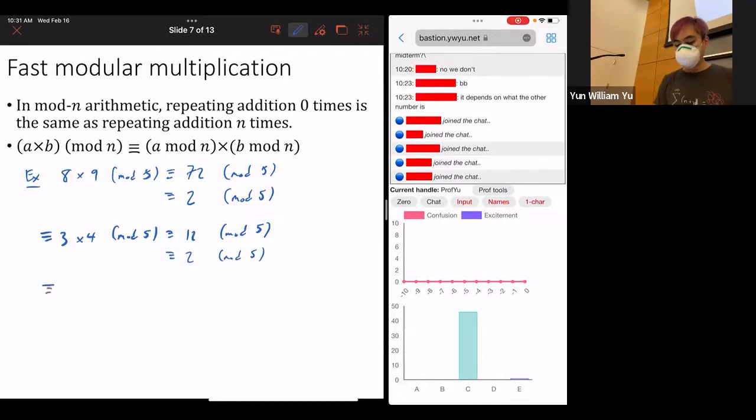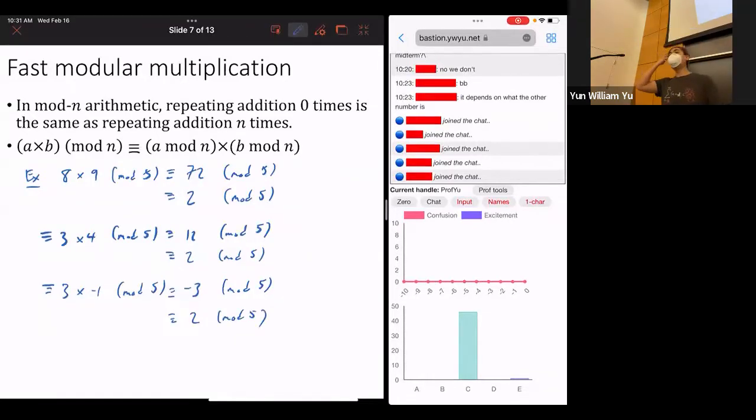And that's also equivalent to 3 times minus 1 mod 5, which is equal to minus 3 mod 5, which is equivalent to 2 mod 5, because of course 4 is equivalent to minus 1. So just as with addition and subtraction, you can make things easier by converting the interior numbers into other forms when you're going about this.